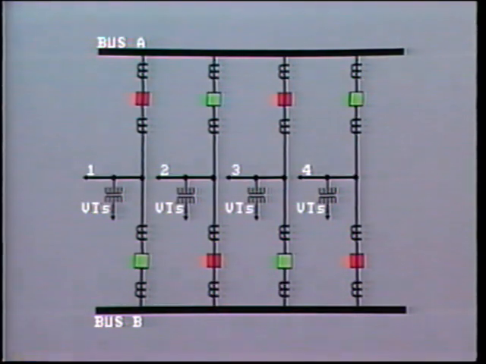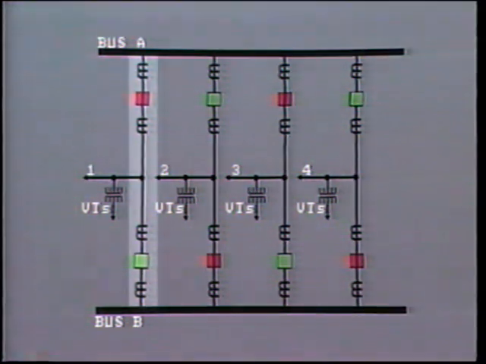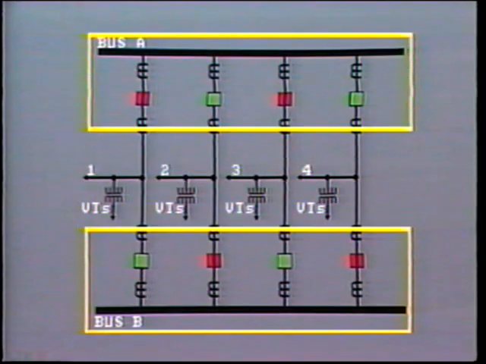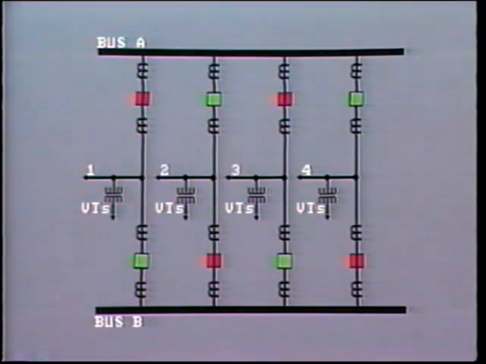But where the greatest flexibility is required on an important substation, we may find the double breaker, double bus arrangement like this. Each incoming circuit has 2 circuit breakers, thus allowing it to be immediately connected to either bus A or bus B. Each bus has its own differential zone of protection.